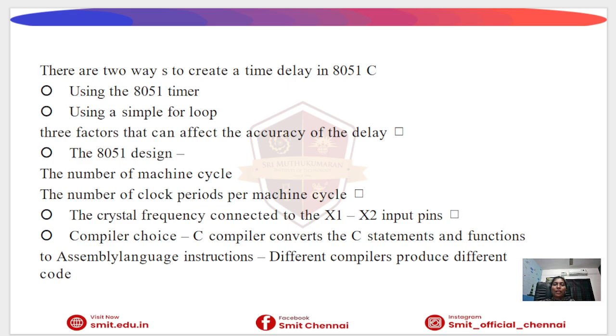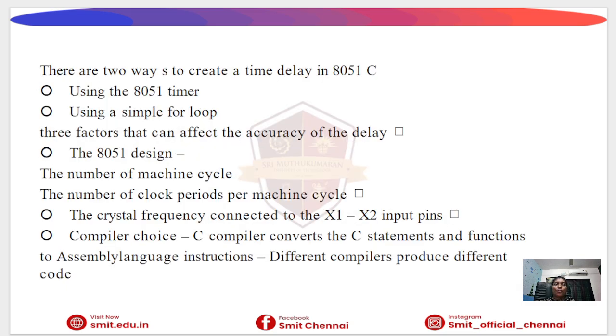If we turn on the motor, the water is getting filled, and when we turn off the motor, it needs a time delay. So in 8051 C programming, we can generate delay in two main ways: using the 8051 timers and using a simple for loop.